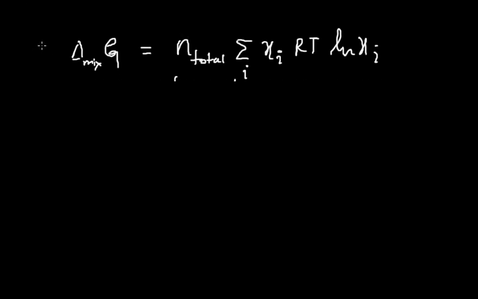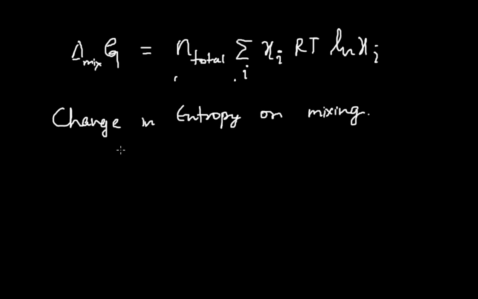Now we know delta mix G. So what is the change in entropy on mixing? We'll go to the next thermodynamic function, entropy on mixing. We know that dG is equal to VdP minus SdT.